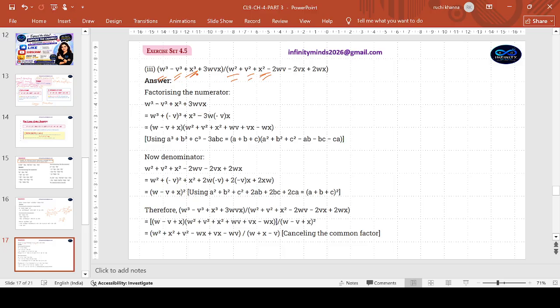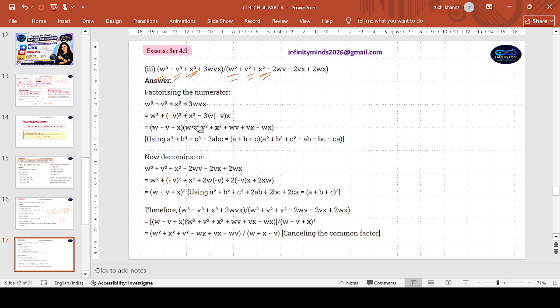Now if it's 3 cubic values, the last identity that we have studied: a cube plus b cube plus c cube minus 3abc is (a plus b plus c) bracket (a square plus b square plus c square minus ab minus bc minus ca). That particular identity you are applying.